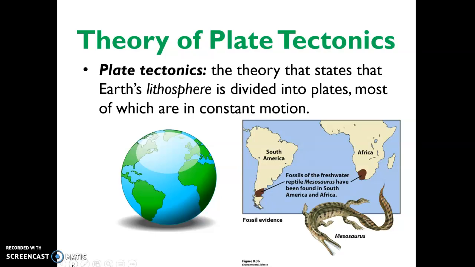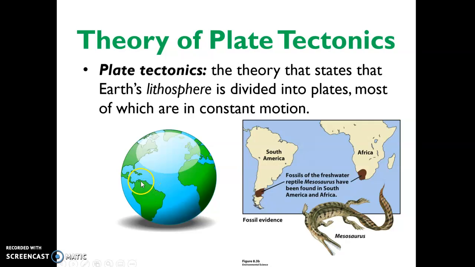And the geologists at the time dismissed his idea because he was a meteorologist, not a geologist. But what this man noticed was that the Earth's continents fit together like jigsaw pieces.